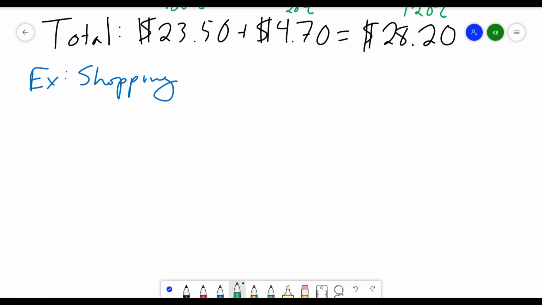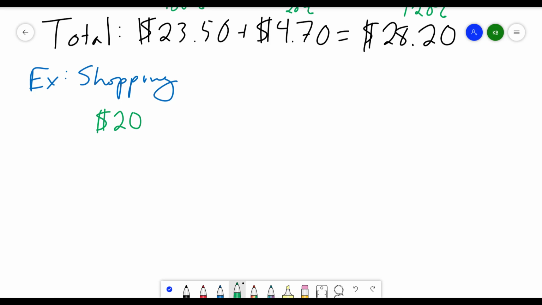Yet another place that percentages show up a lot is when you're out shopping. So you'll see some percentage discounts, and then you also have to pay tax. So let's keep our numbers easy this time. Say we had $20 worth of items that we were purchasing.